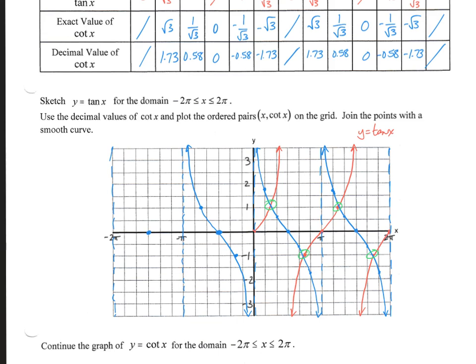So I can do the same thing, pi by 4 and 1 and 1. I didn't quite get to my 1. And there we go. There's your cotangent curve.